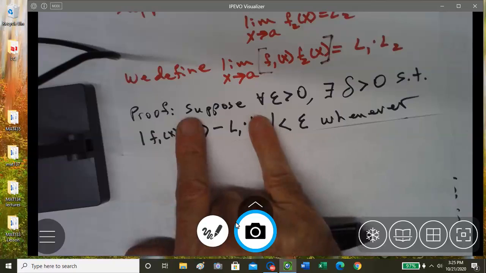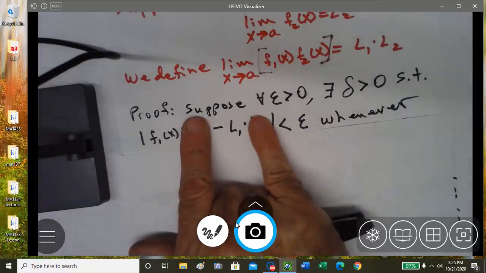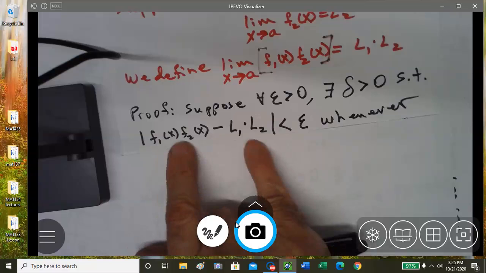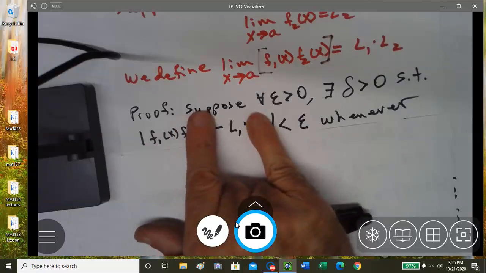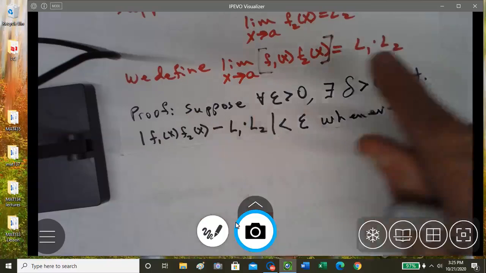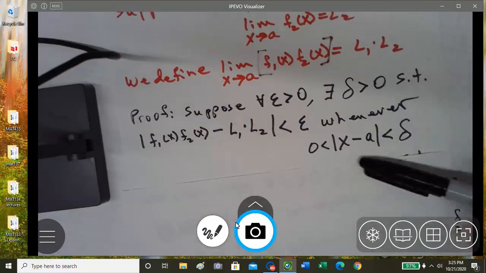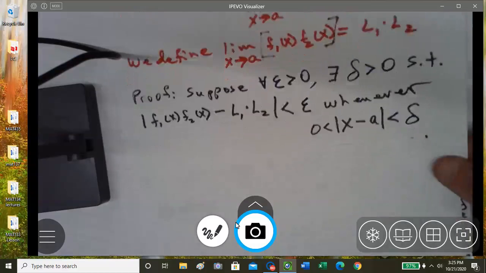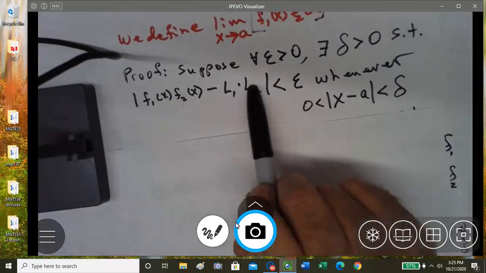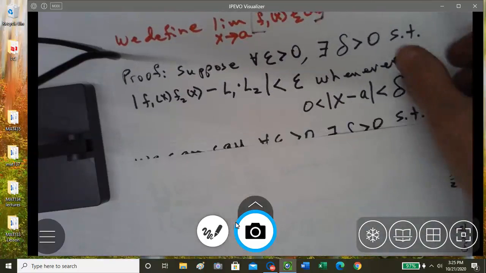Normally we have f of x minus L is less than epsilon, but here we have a product of the two. So we've proven the function minus this limit is less than epsilon whenever the absolute value of x minus a is less than delta. But now we're working with the product, so we have to prove that's true as well.